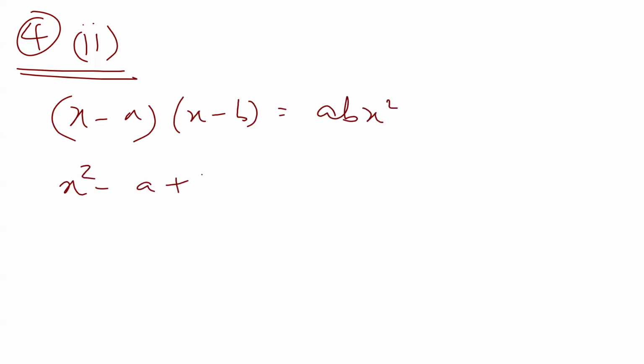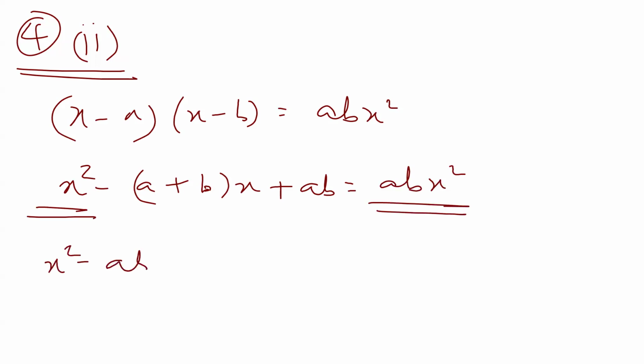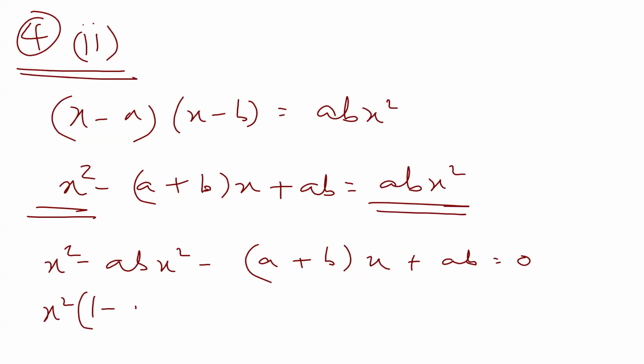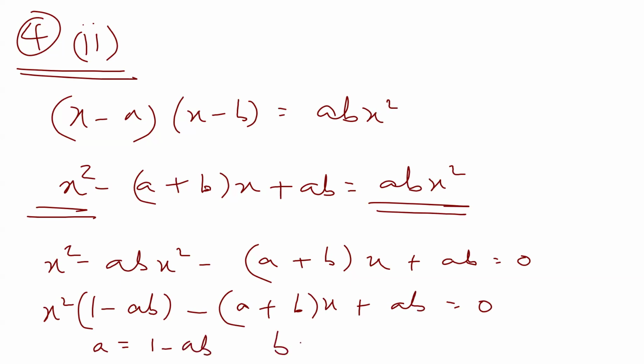So x square minus (a plus b)x plus ab equal to ab x square. x square minus ab x square minus (a plus b) into x plus ab equal to 0. x square (1 minus ab) minus (a plus b) into x plus ab equal to 0. Okay. So a is equal to 1 minus ab, b is equal to minus (a plus b), and c is equal to ab.